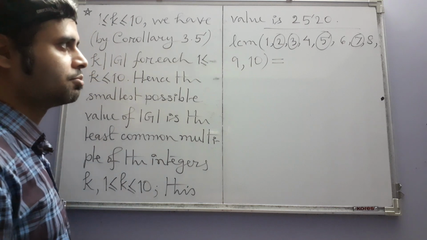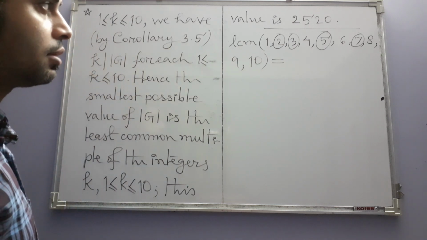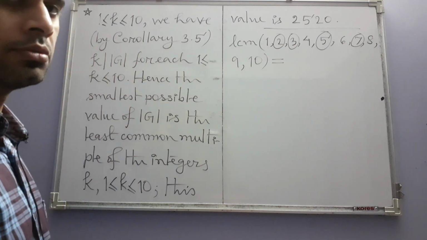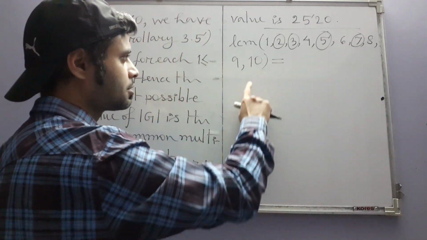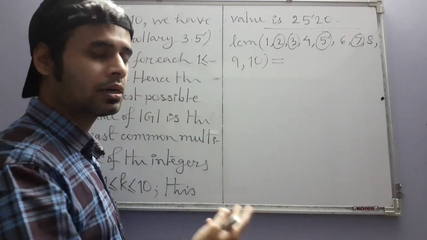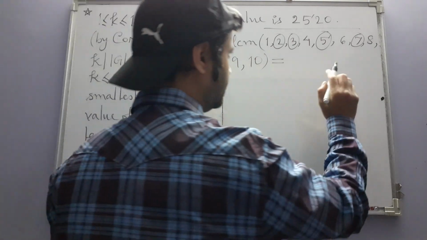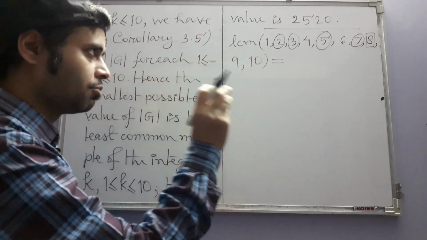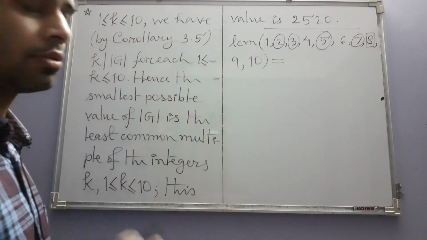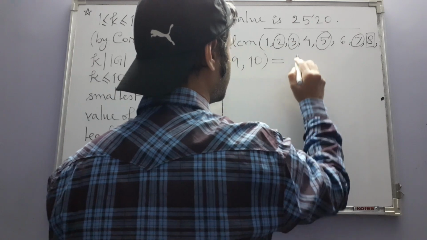Now what is the largest power of 2 that appears in these numbers? It appears as one of the numbers themselves, 8. So you take 8.